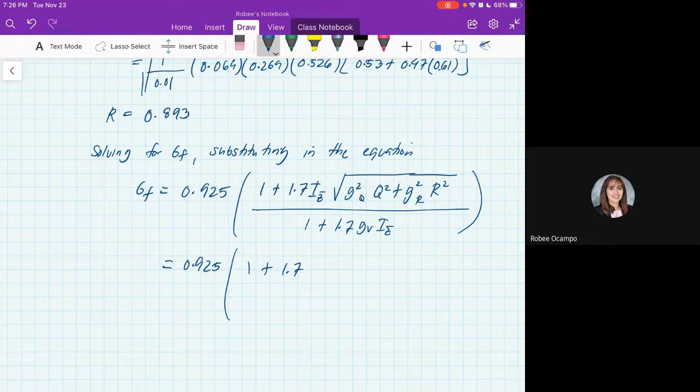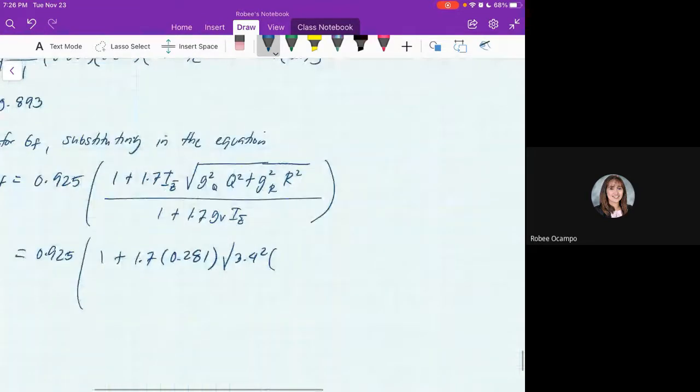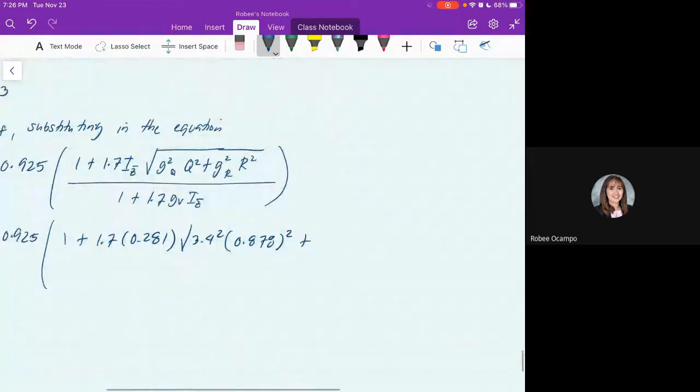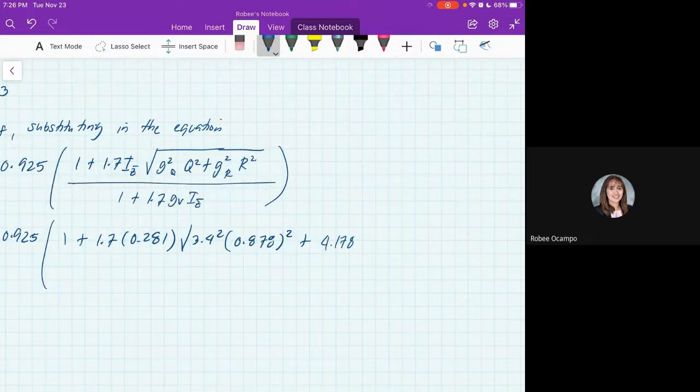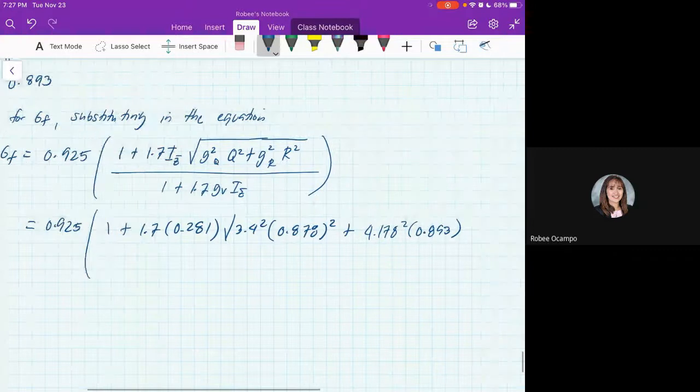Ang ating I sub Z bar is again 0.281, square root of G sub Q squared, that's 3.4 times the value of Q, which is 8.878, plus G sub R squared, which is 4.178 squared times the value of R, which is 0.893, also squared.